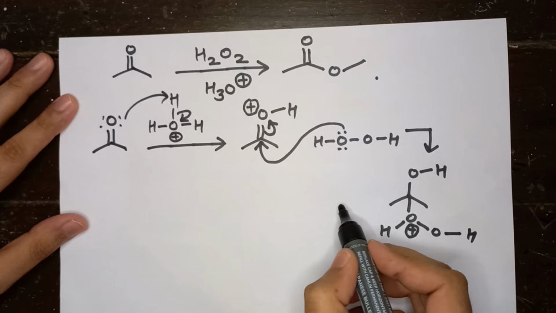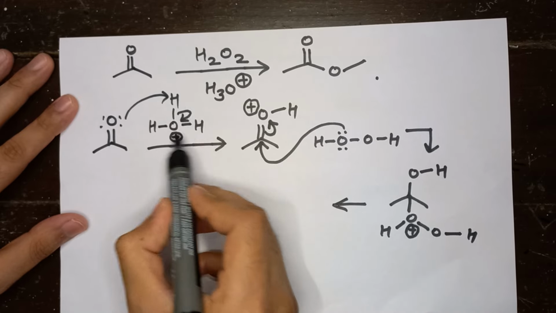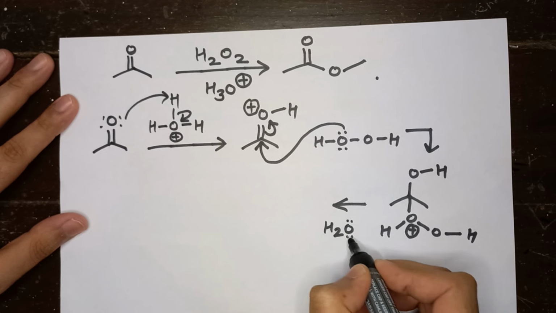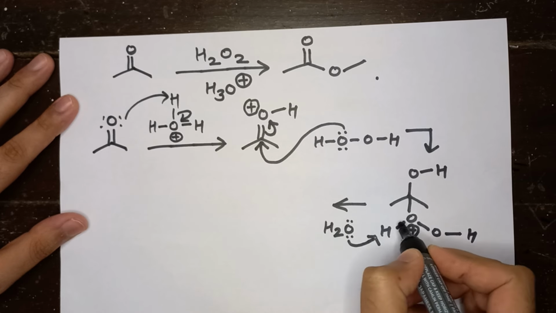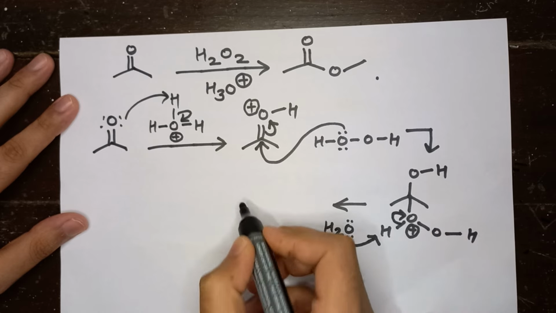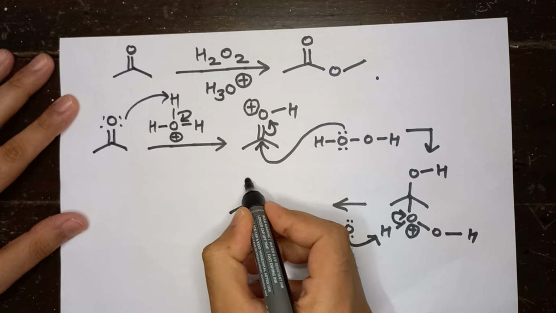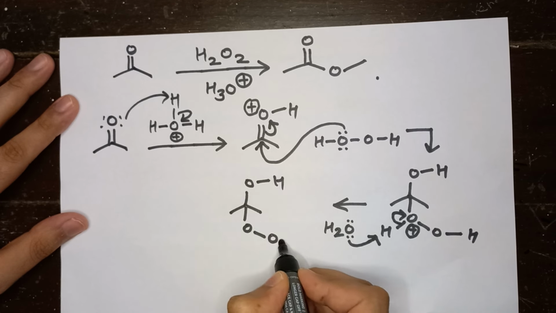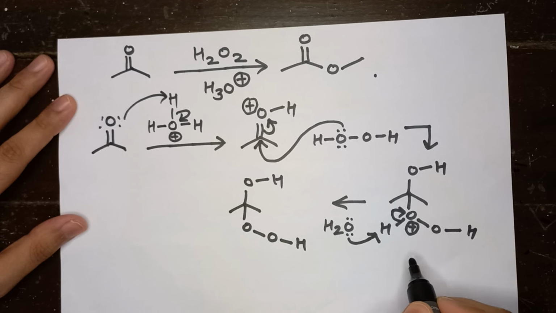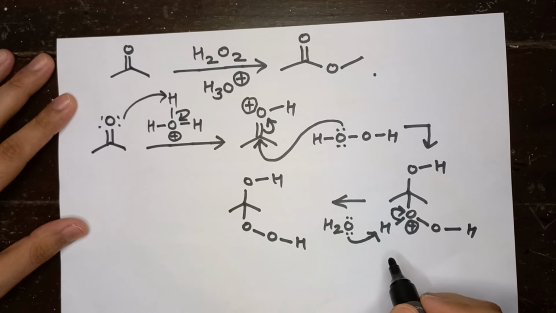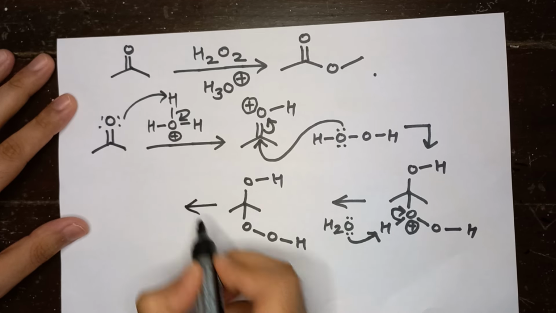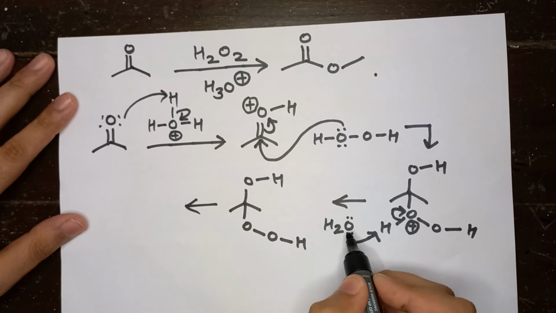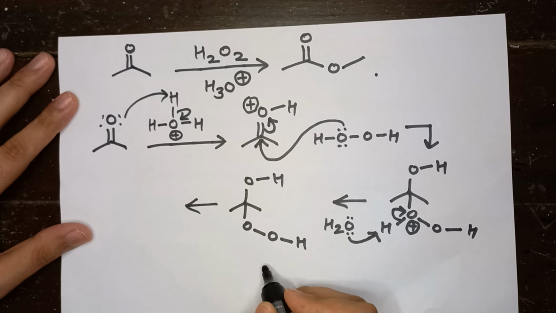Right? So we have just removed water. Now that water can come back, can grab this proton, will neutralize oxygen. So we have this one. Now at this point, this oxygen grabs this hydrogen and becomes a hydronium ion once again.